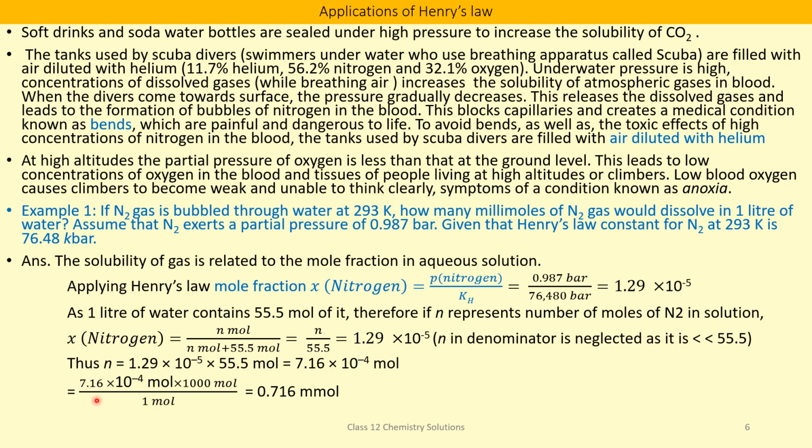Therefore, 7.16 into 10 to the power of minus 4 mole into 1000 millimole divided by 1 mole is equal to 0.716 millimole.